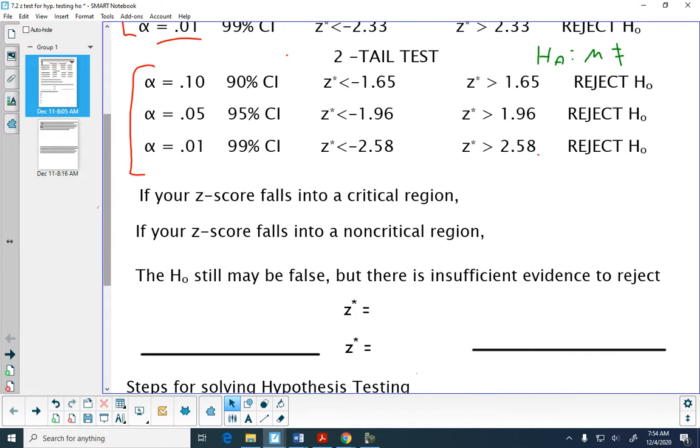If your z-score falls into a critical region, your conclusion is going to be you reject the null hypothesis. So if your z-value, and we're going to do a z-test value, falls into a critical region, you're going to reject the null hypothesis.